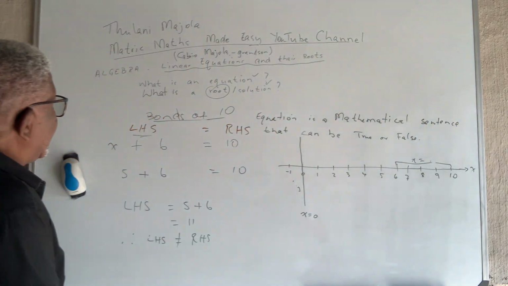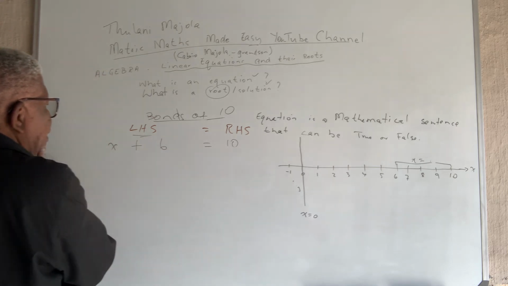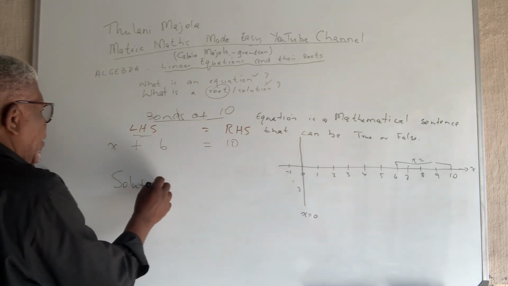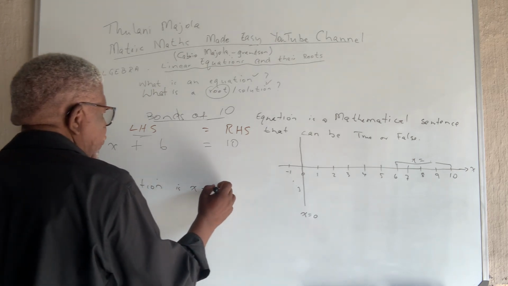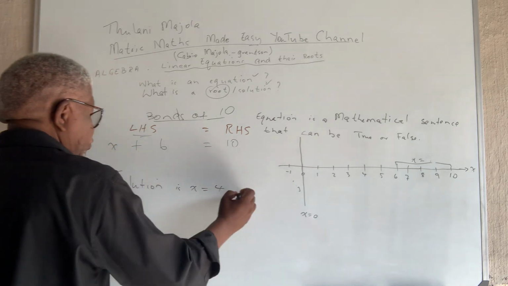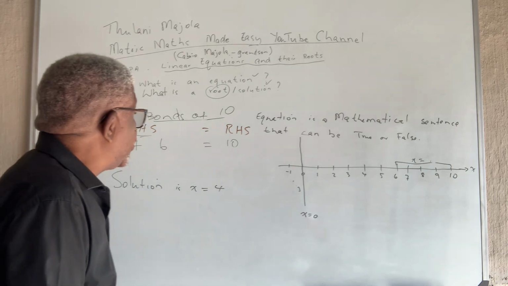So the only solution that we've got here is x equals 4. This is the only one that is true, so we call it a solution. Any other value of x is not true.